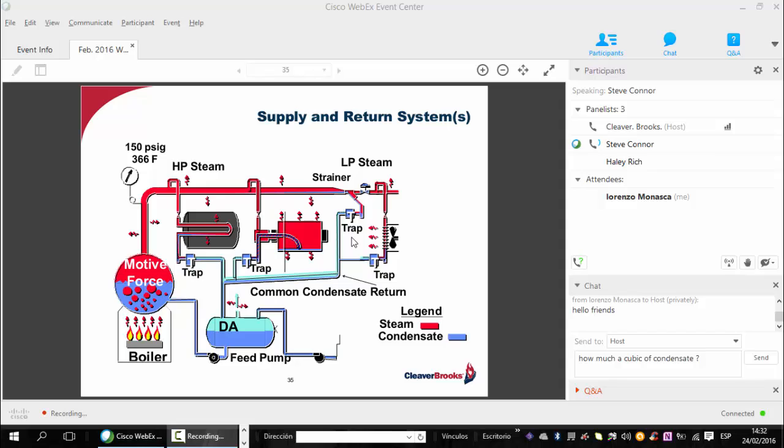So the condensate is a combination of liquid and steam. And the amount of flash steam in the condensate pipe can be as high as 90% or more. And the more the steam, the greater volume of biphase fluid in the pipe.